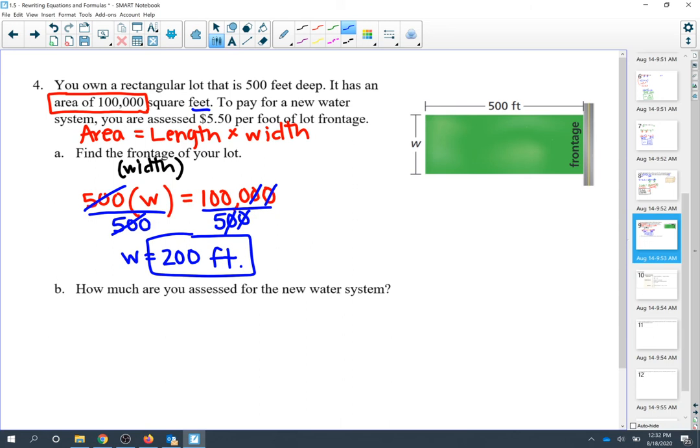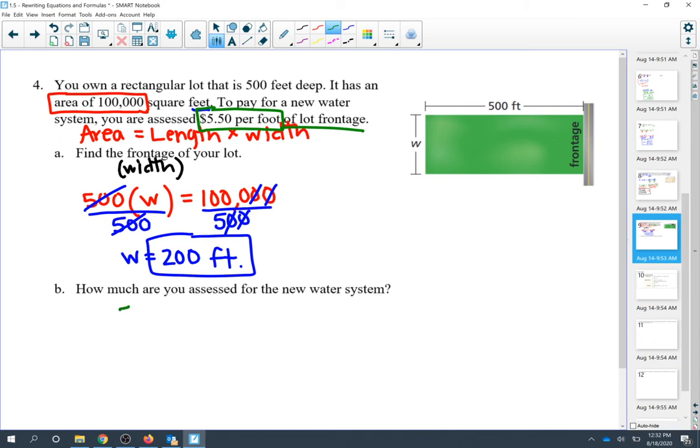Now, letter B, how much are you assessed or charged for the new water system? Well, it says for the new water system that we have to pay $5.50 per foot of frontage. Per foot, $5.50. And we have 200 feet on the front of the road.